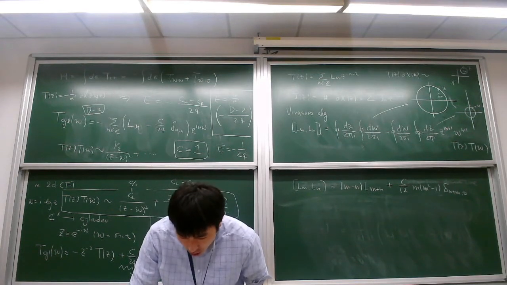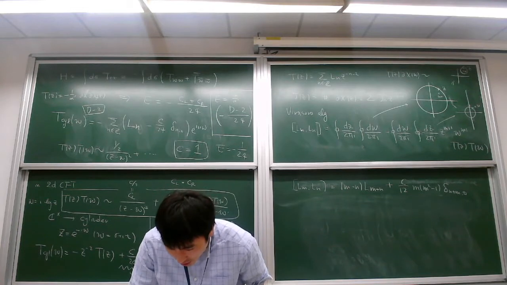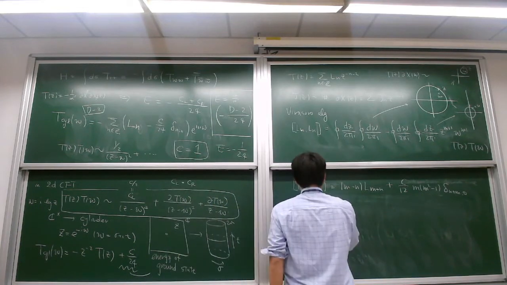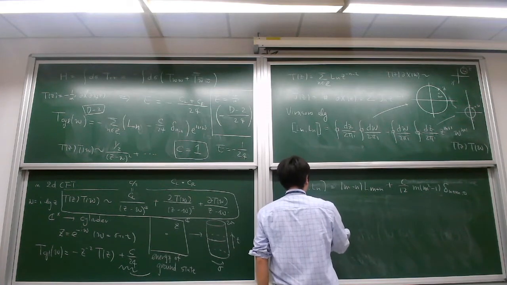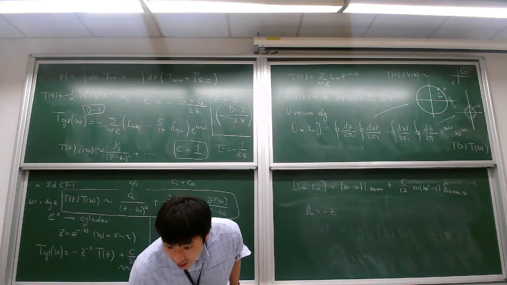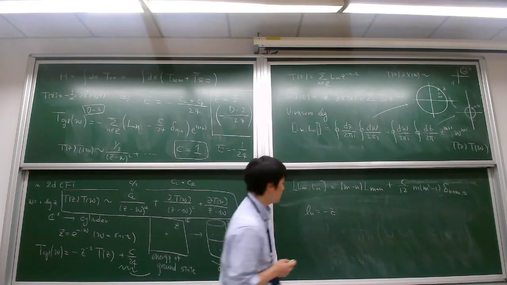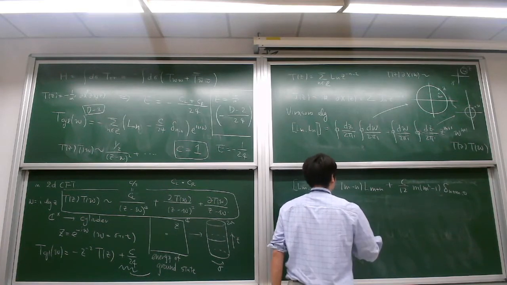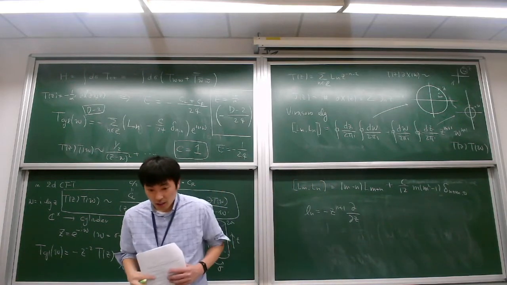I just want to mention how they write the generator of the Witt algebra. So Ln is equal to minus t to the n plus 1 d/dt.